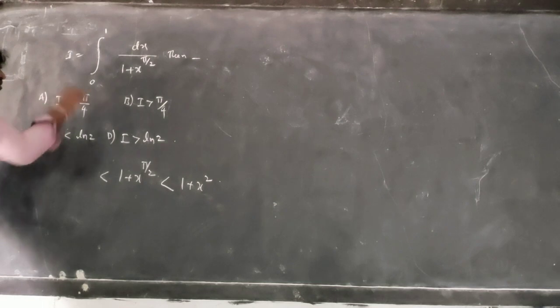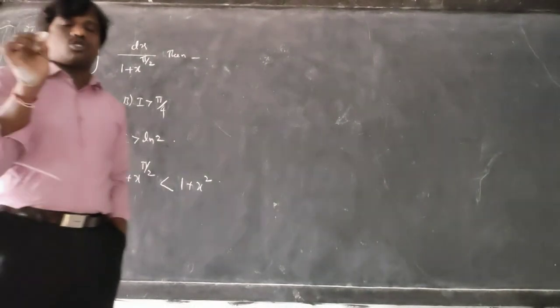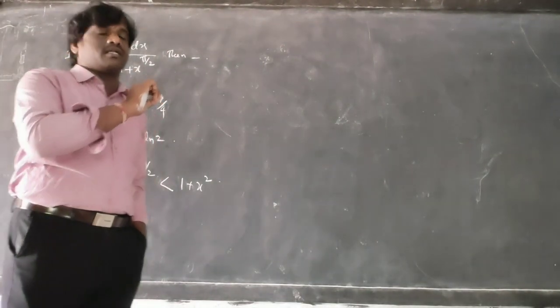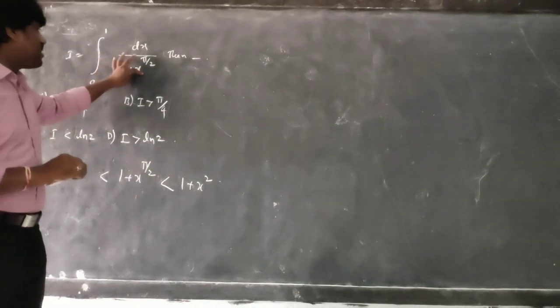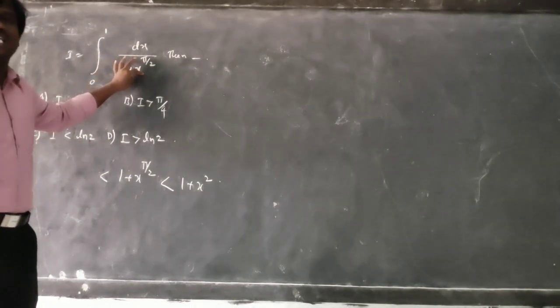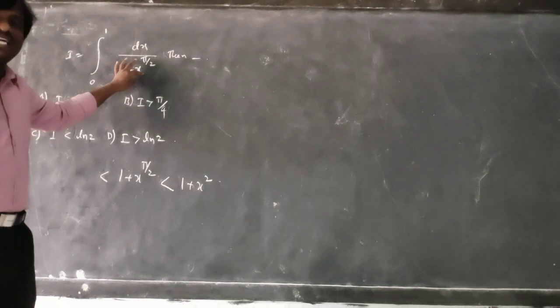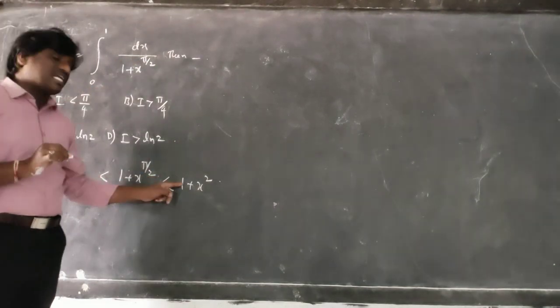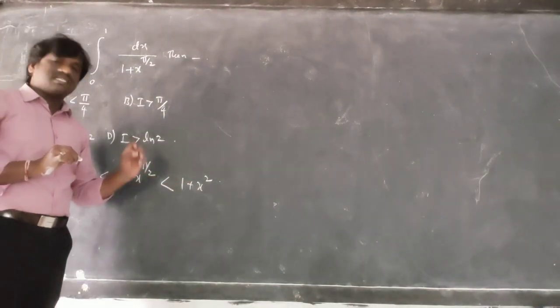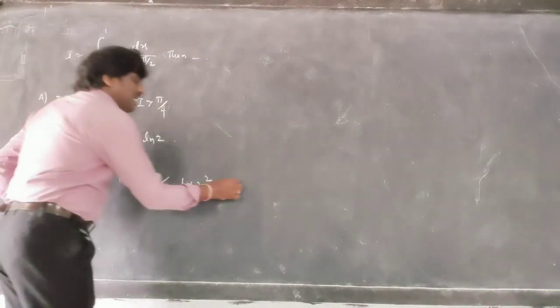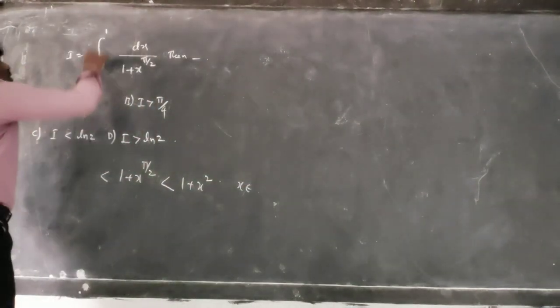Options are in angles. Options in angles means it should come from inverse trigonometry. You know that the integration of 1 upon 1 plus x square is tan inverse x. So that idea I got. According to that idea, I can write 1 plus x square, because the x value is in the interval 0 to 1.